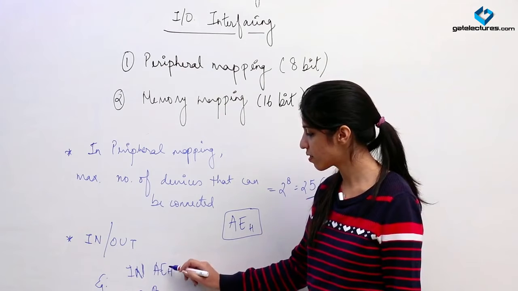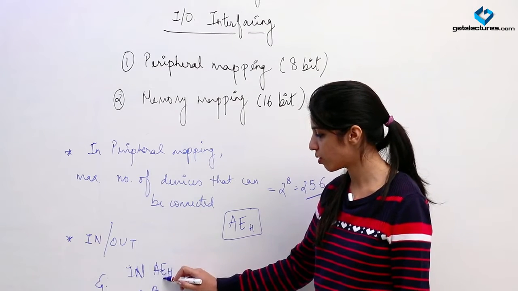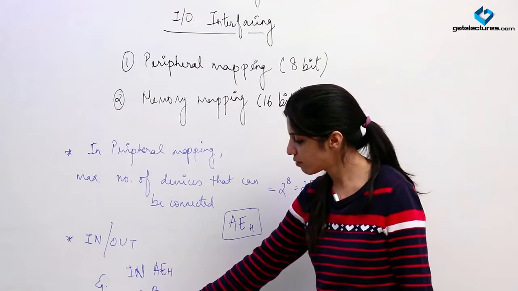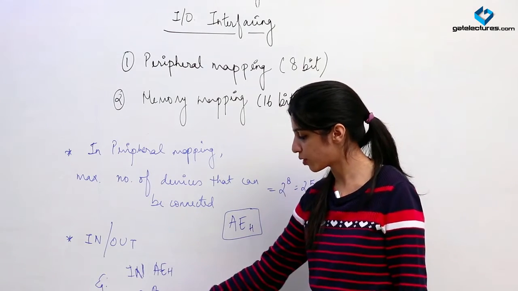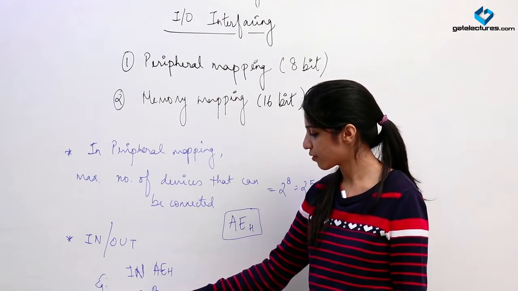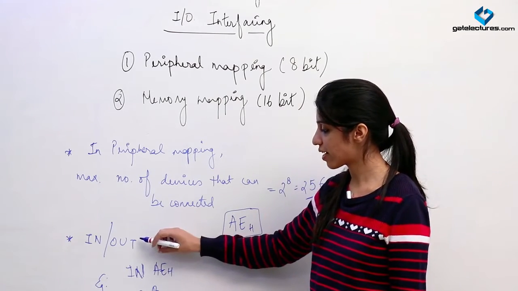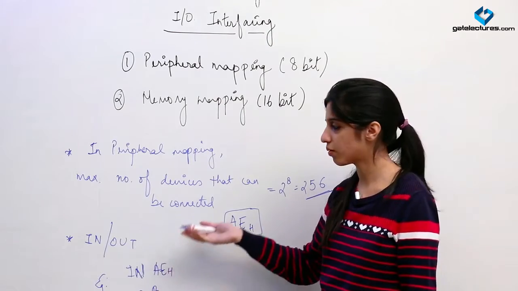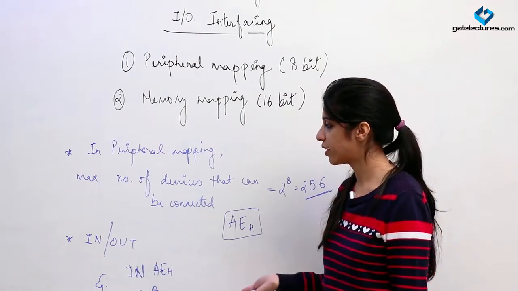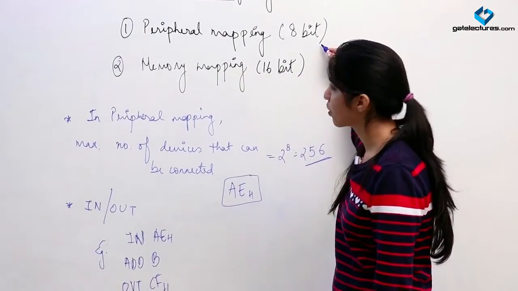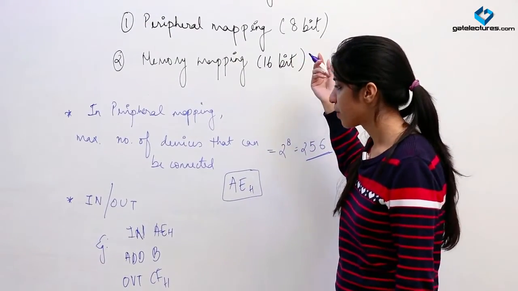So we take the input data from the keyboard, add the contents of register B to this data, and then output it at CF, the screen connected at CF. This is how, using instructions like IN and OUT, we can input or output data from any devices connected to the peripheral. Each device is going to have an 8-bit long address.